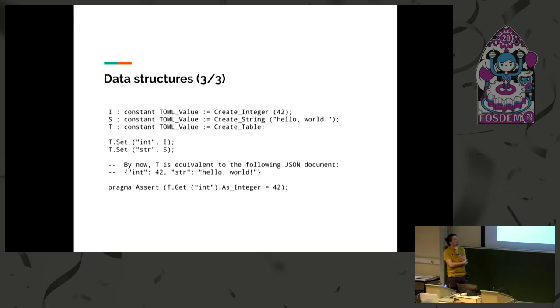That doesn't work for arrays and tables because you have constructors that just create empty containers. So for tables and arrays, that doesn't work. Indeed, it could work for the atoms, so booleans, strings, integers, dates, and so on.